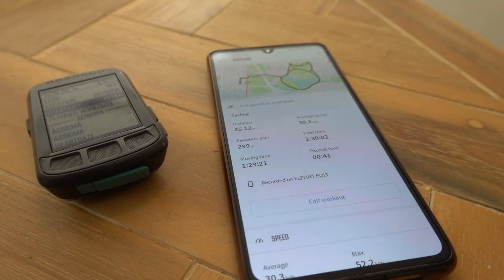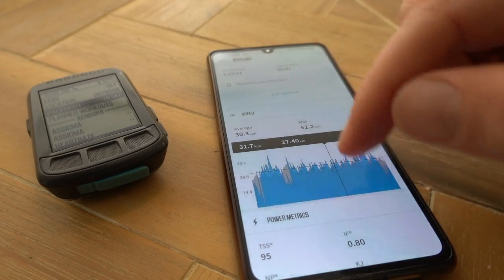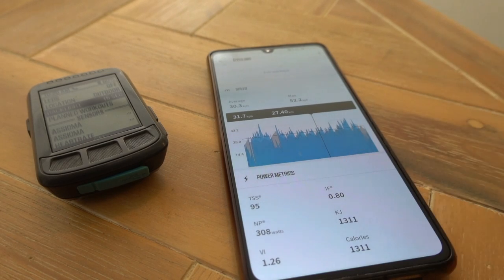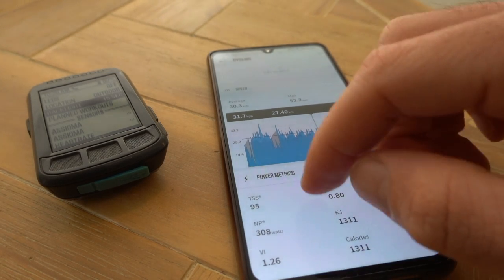So if I'm coming home, I'll check my TSS on my Wahoo, and if it's less than 150 TSS, I'm pretty much just having my recovery shake and carrying on my day as normal, not thinking about recovery too much. If my TSS is 150 to sort of 200, then I'm planning to have an extra recovery meal.